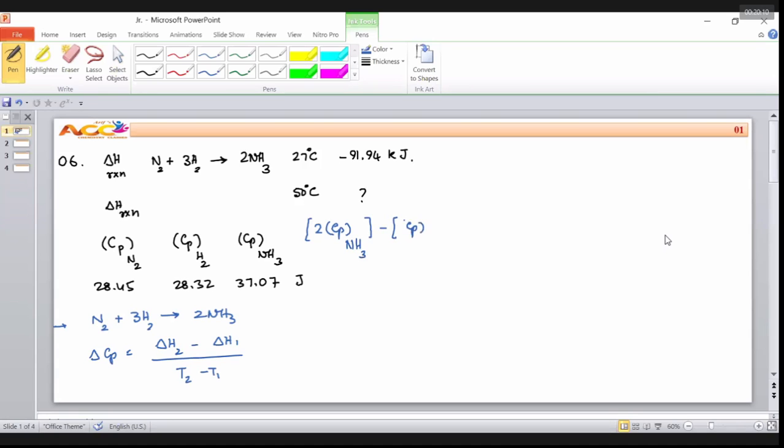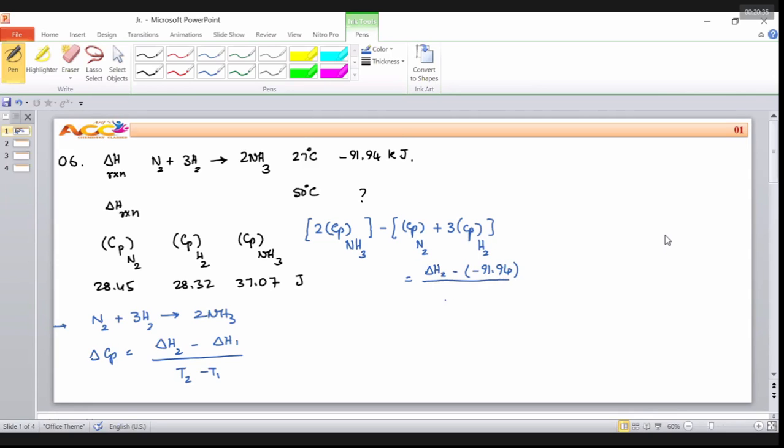Cp of nitrogen, 1 mole, plus Cp of hydrogen, 3 moles. Take care of units. Molar heat capacity is equal to del H2, our job, minus del H1, minus 91.94 kilojoules, right?